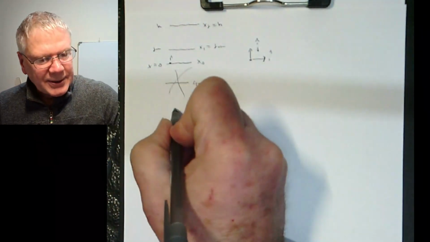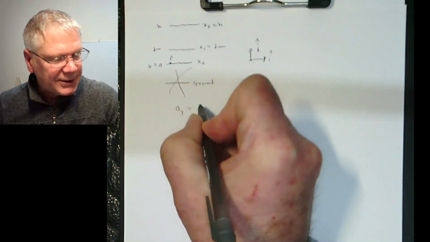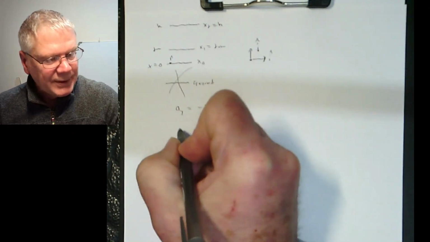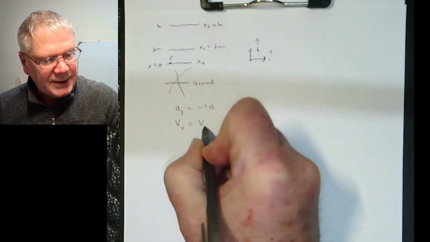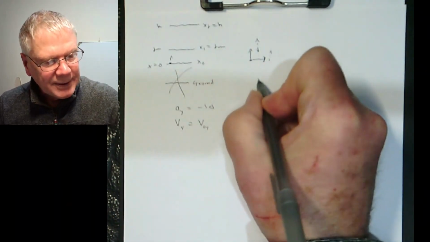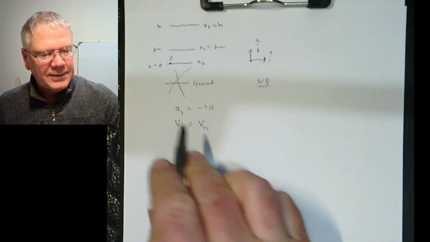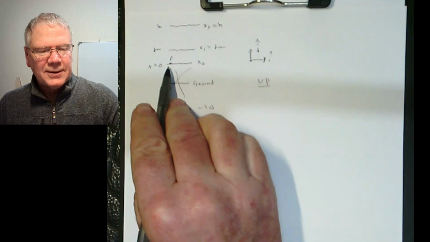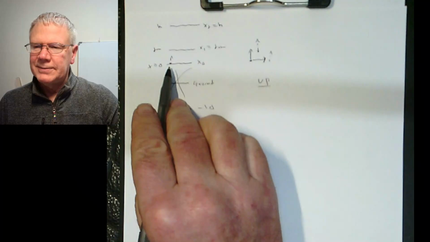So let's write our equations. And this time I only have a y equation. Acceleration in the y direction is minus 10. vy is equal to v0y, which I don't know. That's the velocity as it goes. I'm going to look at motion up, in one direction. You can think of it as starting here with some initial velocity. Think of it as being thrown from the bottom of the window.